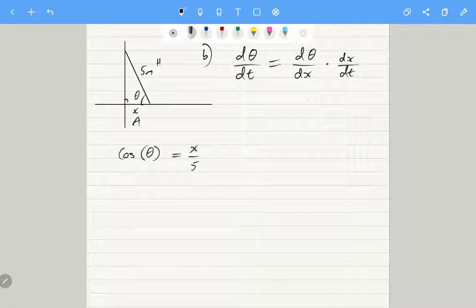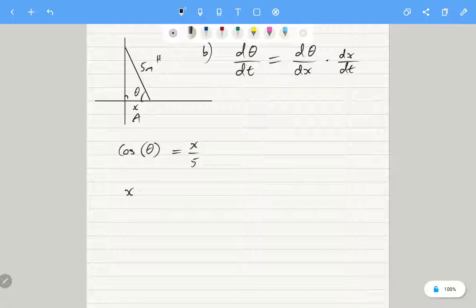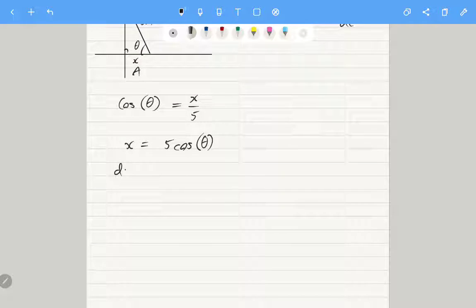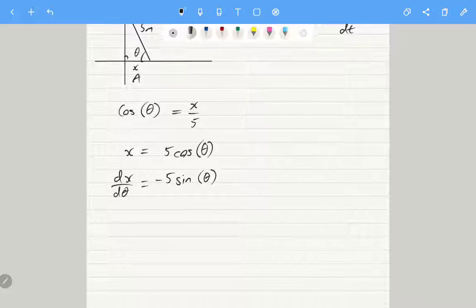That was a mistake. Let's instead solve for x. Well, x would be equal to 5 cos of theta. And I could actually work out dx/d theta quite easily. Cos goes to negative sine. We get negative 5 sine of theta. No need for chain rule. This is a direct solve.